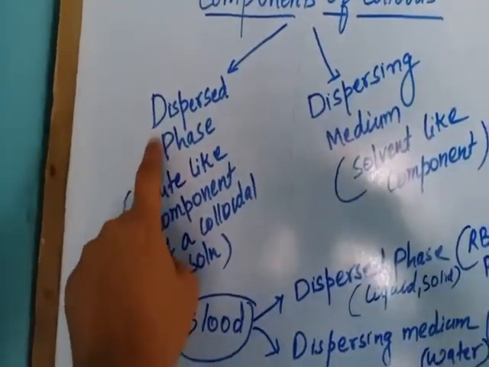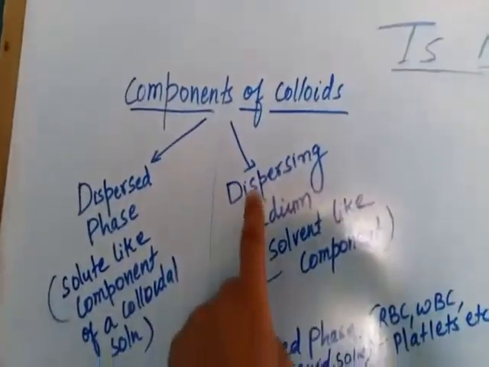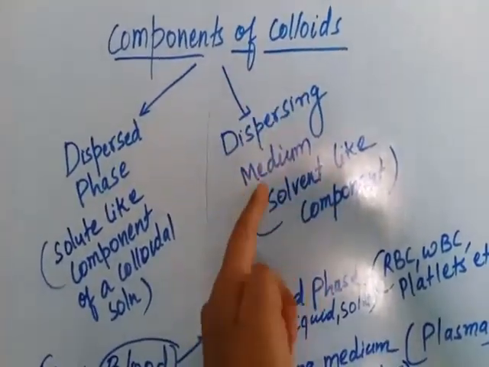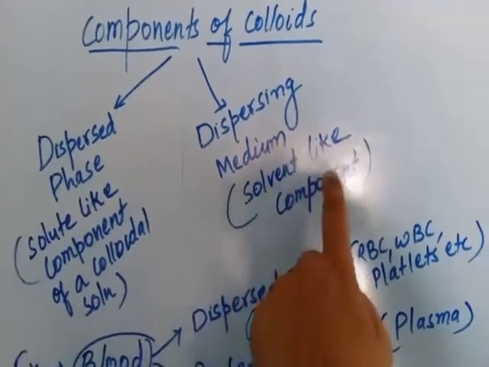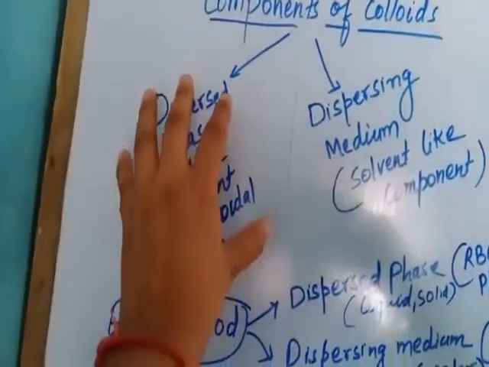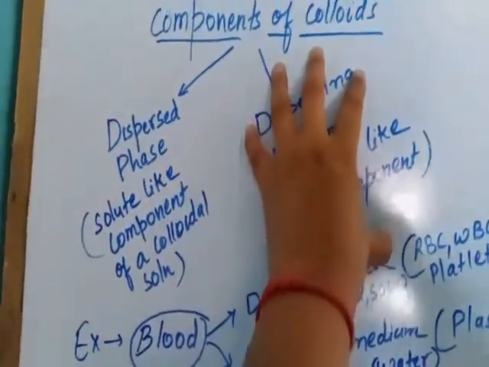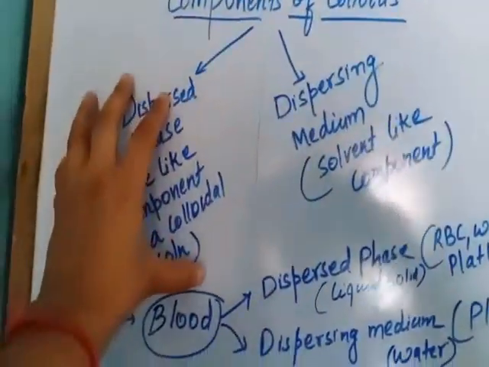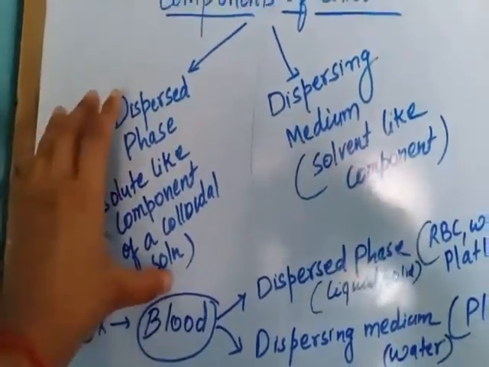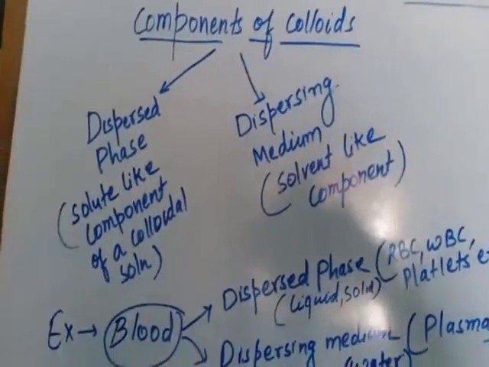What is the dispersed phase? The dispersed phase is like the solute component of a colloidal solution, and the dispersing medium is like the solvent component in the colloidal solution.